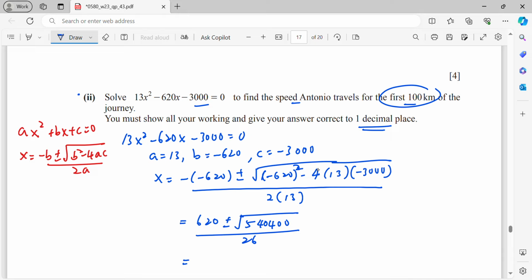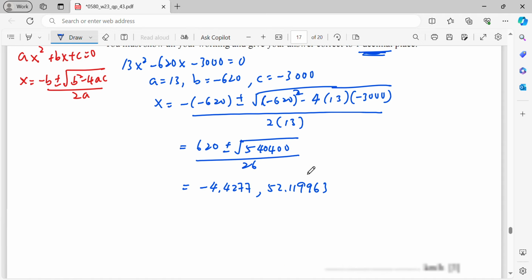Then now here you will be getting two values. When you calculate using the minus, you will get negative 4.4277. And when you calculate using the plus, you will be getting 52.119963. And now, this is the x, right? The speed is the x, in one decimal place. Therefore, your x will be 52.1 because it cannot be negative.